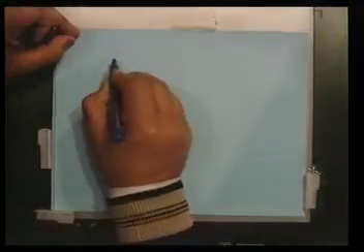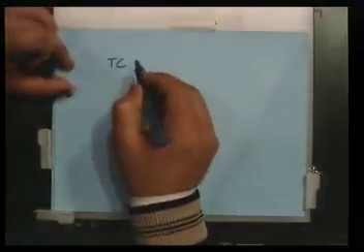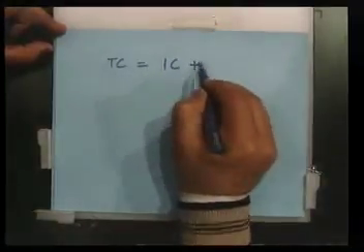I am assuming that my total cost is the sum of indirect cost plus direct cost.